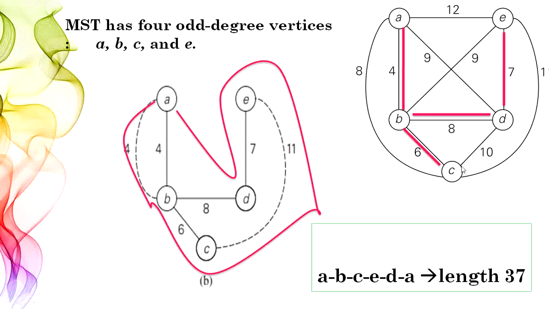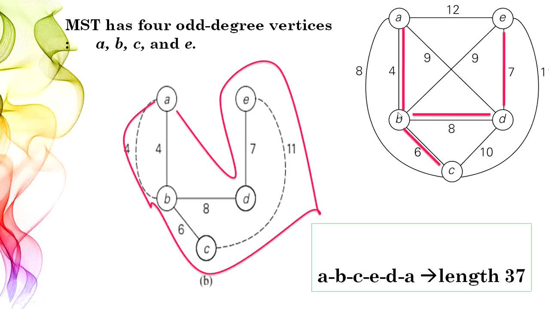So this is my minimum spanning tree. From this minimum spanning tree you need to find the odd degree vertices. So what is the degree of A? How many edges are there? From A to B 1 edge is there. So 1 is an odd number, so A is an odd degree vertex.